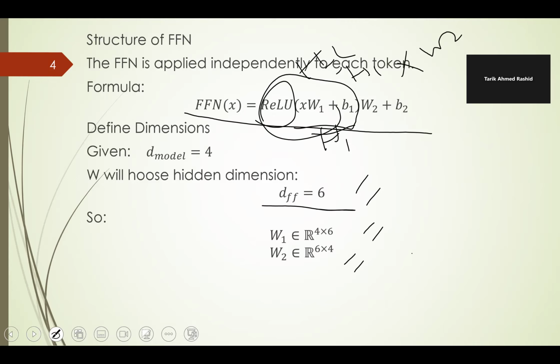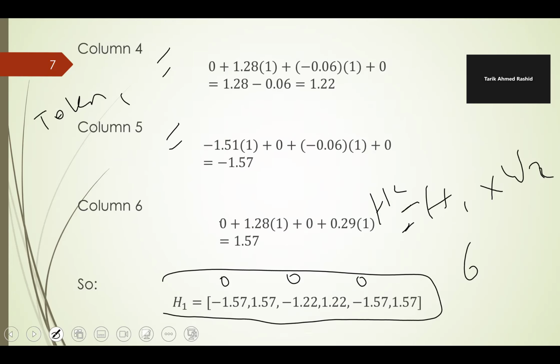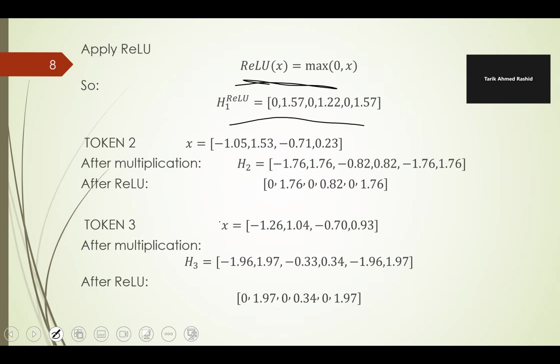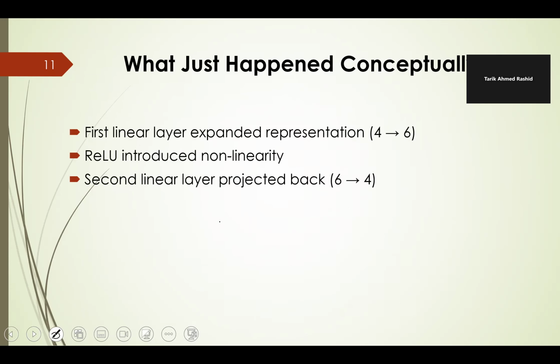So H1 multiplied by W2 plus B2 will get H2. That's what we are doing. And now we have two weight matrices. That is more or less the explanation of how we can do the feed forward network.